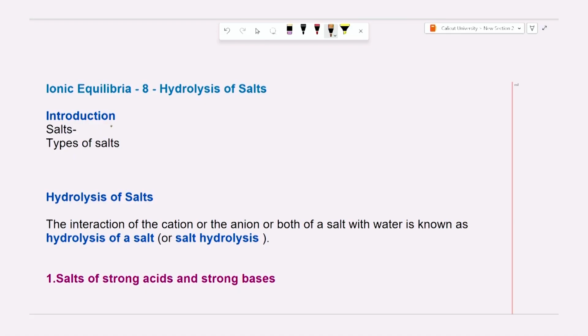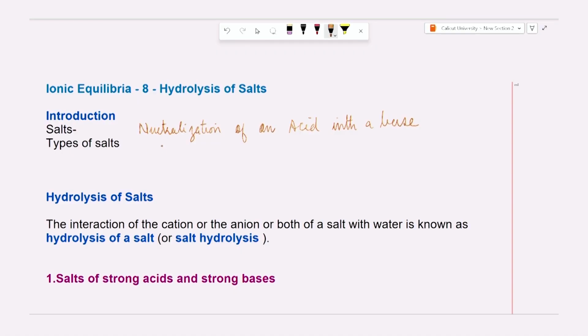Salts are those which are formed from the neutralization of an acid with a base. So, acid and base react to form a salt.